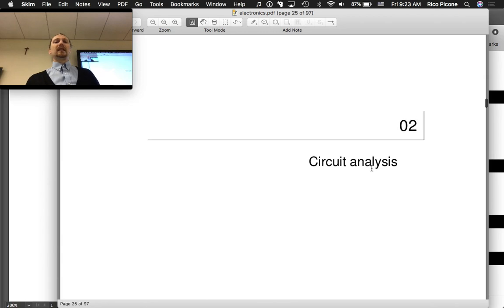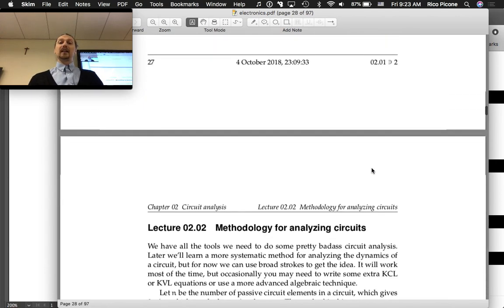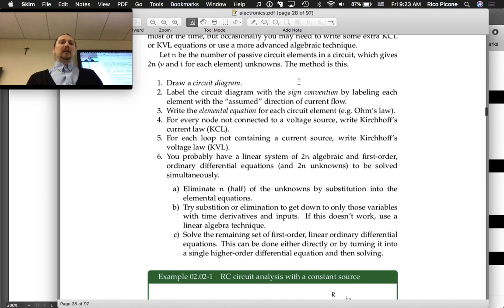Then we decided to get more systematic with a circuit analysis methodology. First, we defined the sign convention, and then we defined a 6-step process of analyzing a circuit. I've often called this the Chapter 2 methods, but essentially it looks at transient and steady state response for a circuit, and it applied again in Chapter 4 when we looked at nonlinear circuits.